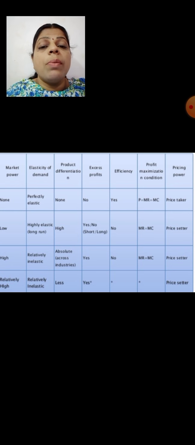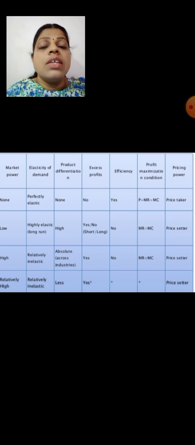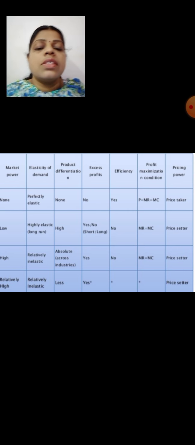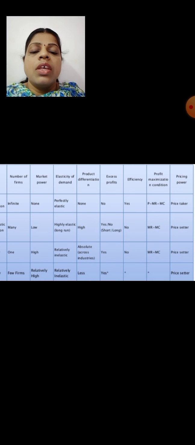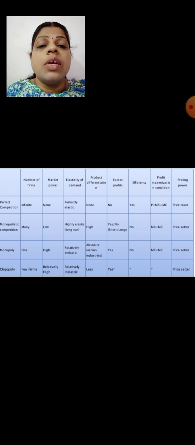In the oligopoly market, there are only a few sellers, and among themselves they decide and determine the prices. In the oligopoly also, the sellers are price setters. So children, this is about price determination and the various features of all these markets.